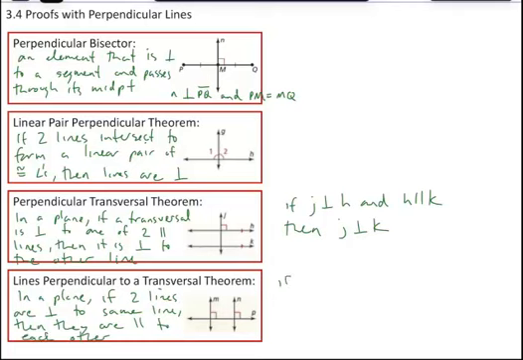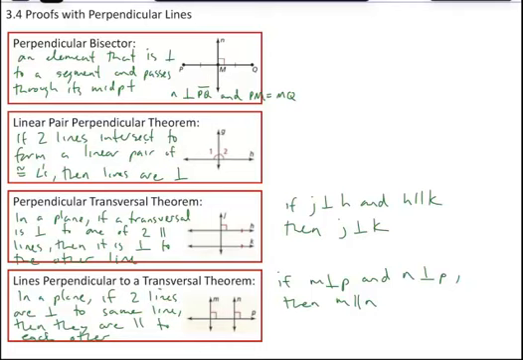So the relationship here would be if M is perpendicular to P and N is perpendicular to P. Those are two lines perpendicular to the same line. The conclusion is that M and N are parallel to each other.